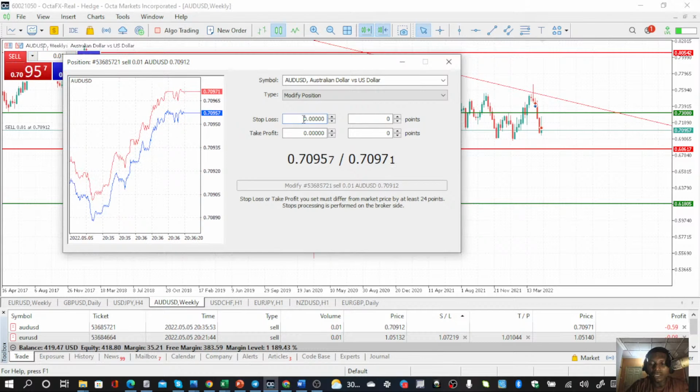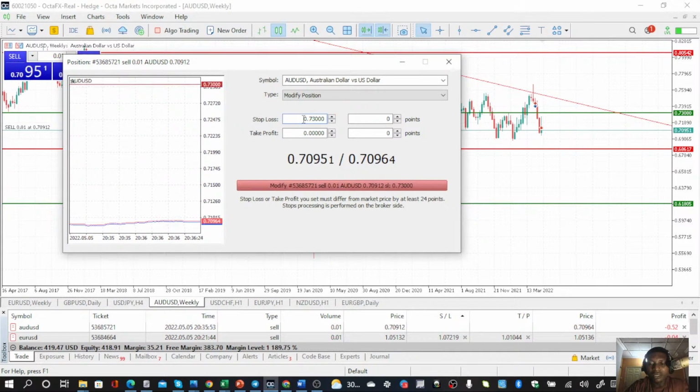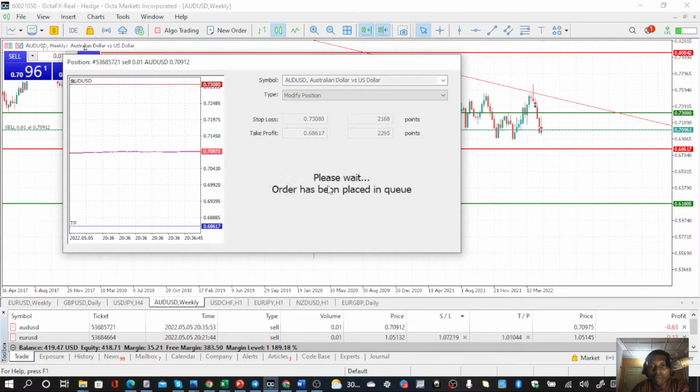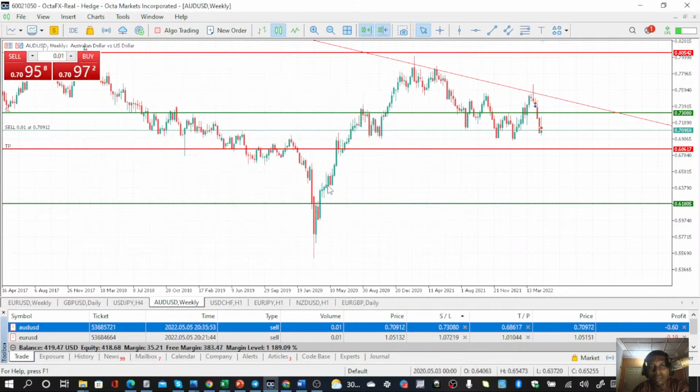So stop loss 0.73080, and take profit 0.68617. We modify. Good.